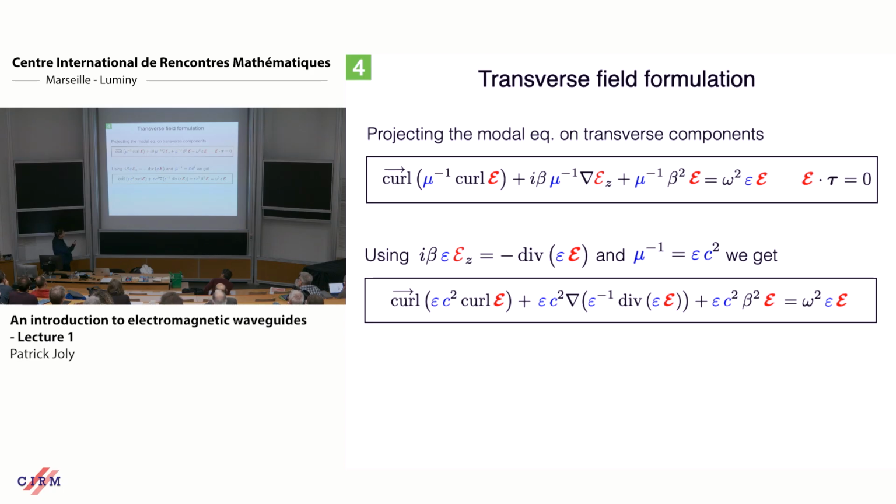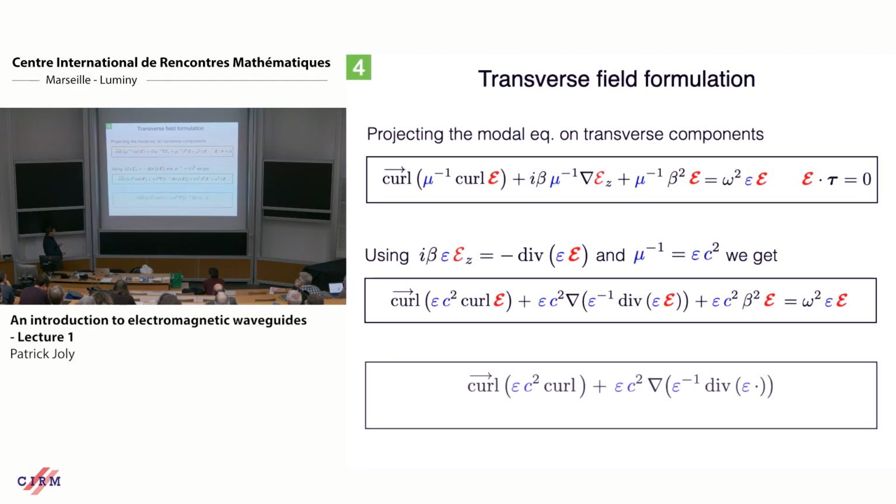Using the divergence condition, you can eliminate it in terms of E, and you get an eigenvalue problem only with E. And it seems to be very simple and more simple than before because you have no beta here. You have only beta square and omega square. So it seems to be very nice, except the fact that, in fact, the operator that you have is not symmetric.